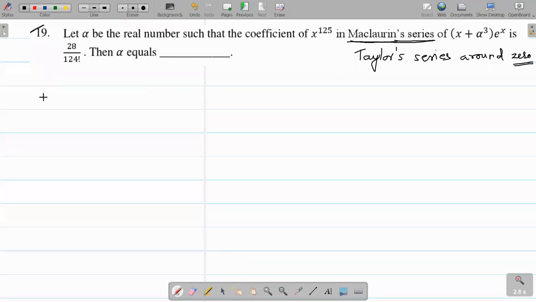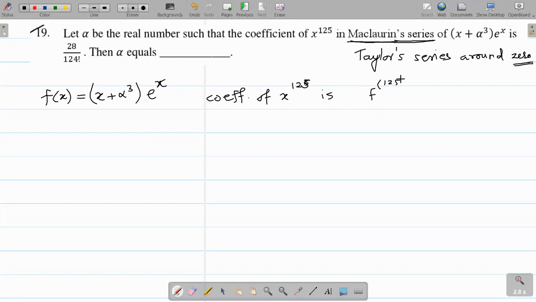If I take this as my function fx, then the coefficient of x raised to 125 is going to be that term, f 125th derivative at 0 divided by 125 factorial, which is given as 28 upon 124 factorial. तो ये कंप्यूट करना है आपको बस 125th derivative at 0. Can you get it?